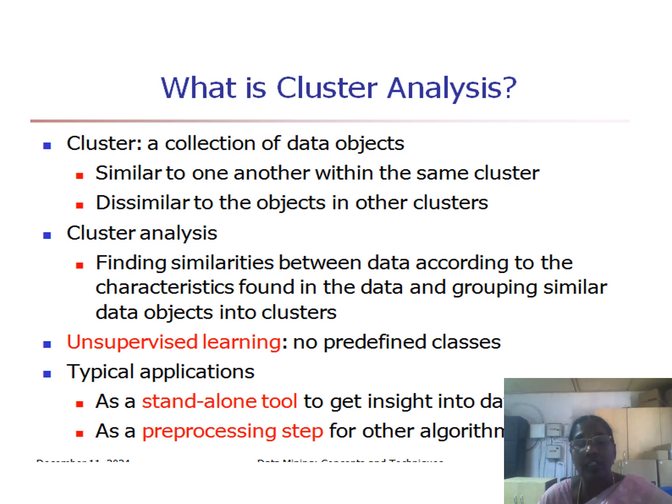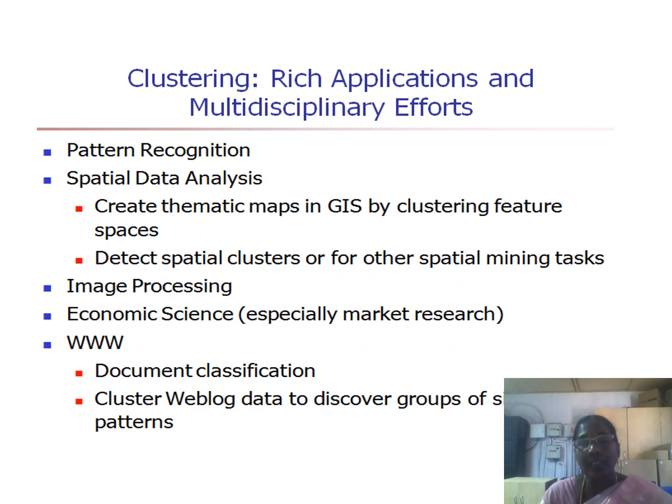What is the difference between supervised learning and unsupervised learning? In supervised learning, all the tuples contain the class label. In unsupervised learning, the tuples do not contain any predefined classes, right? Here we apply it as a standalone tool to get insight into the data, or as a pre-processing step for other algorithms.